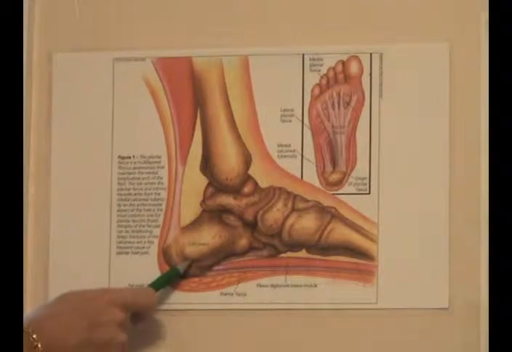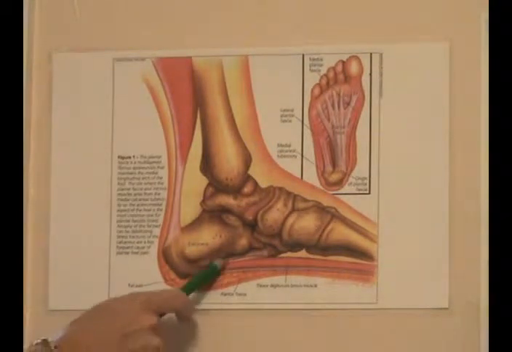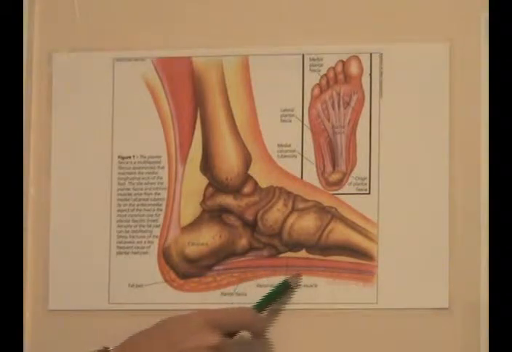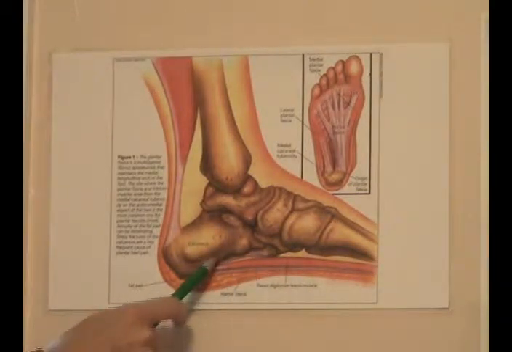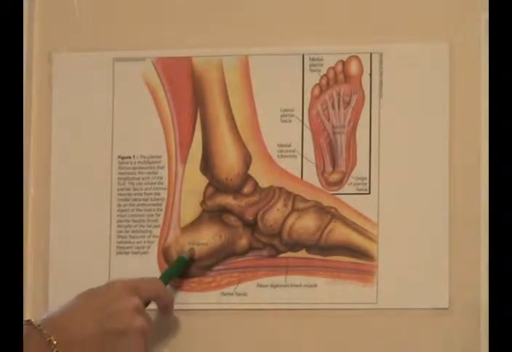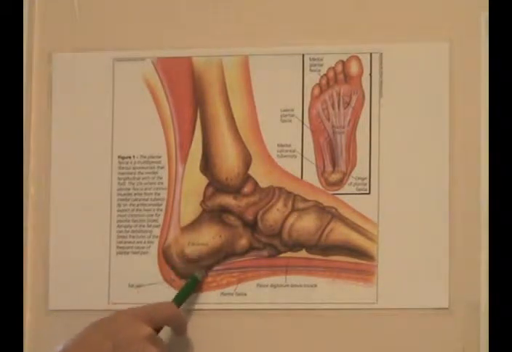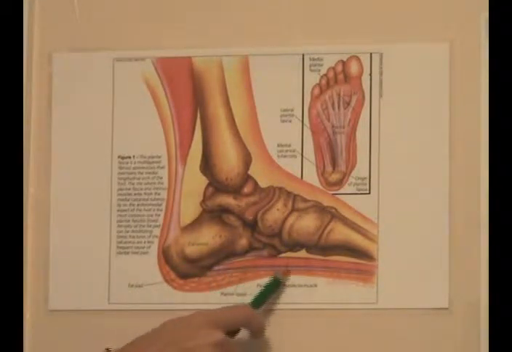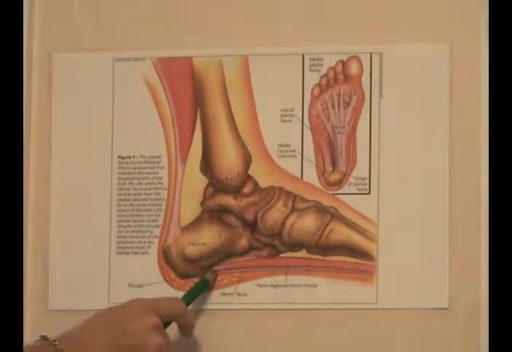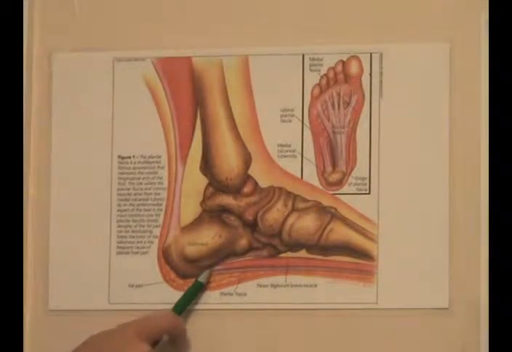This is the anatomy of the foot. The region where you're having heel pain is here, at the attachment of the plantar fascia to the heel bone, or the calcaneus. The main reason for this pain is a lack of flexibility in the plantar fascia, accompanied by micro tearing here at the attachment to the heel bone.